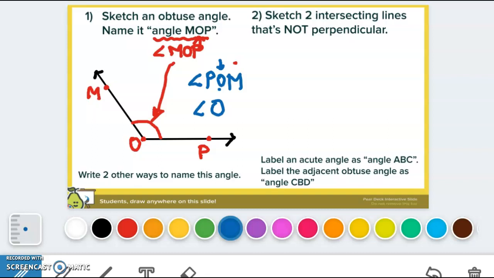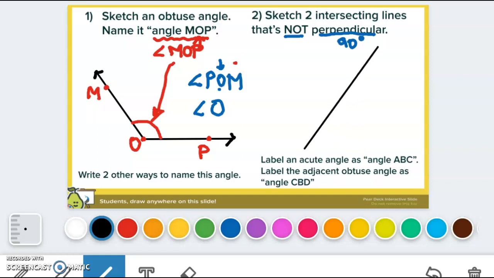Okay. Now we are asked to sketch two intersecting lines that are not perpendicular. Perpendicular means 90 degrees. So we don't want it intersecting at 90 degrees. It says not. So we want two lines. I am going to draw one line here, like so.